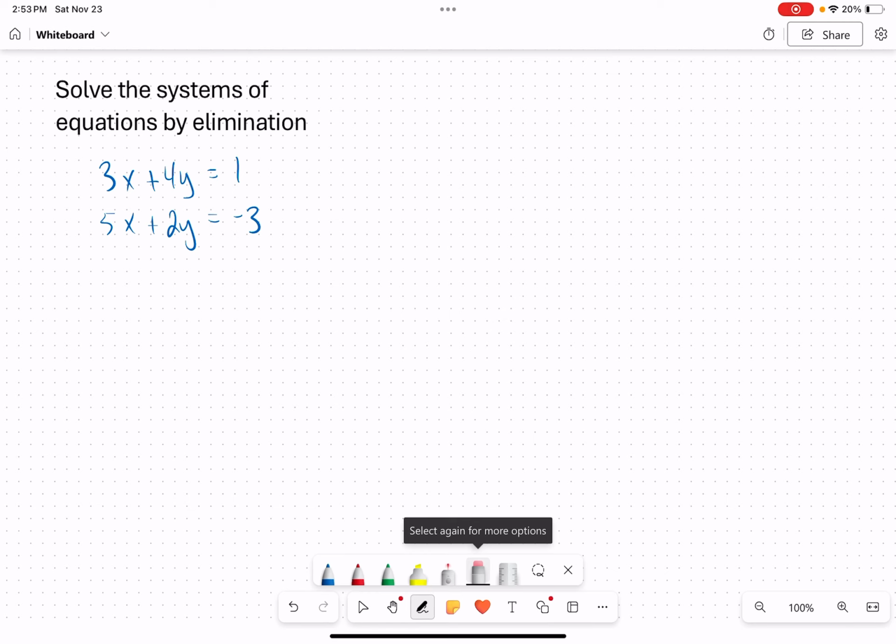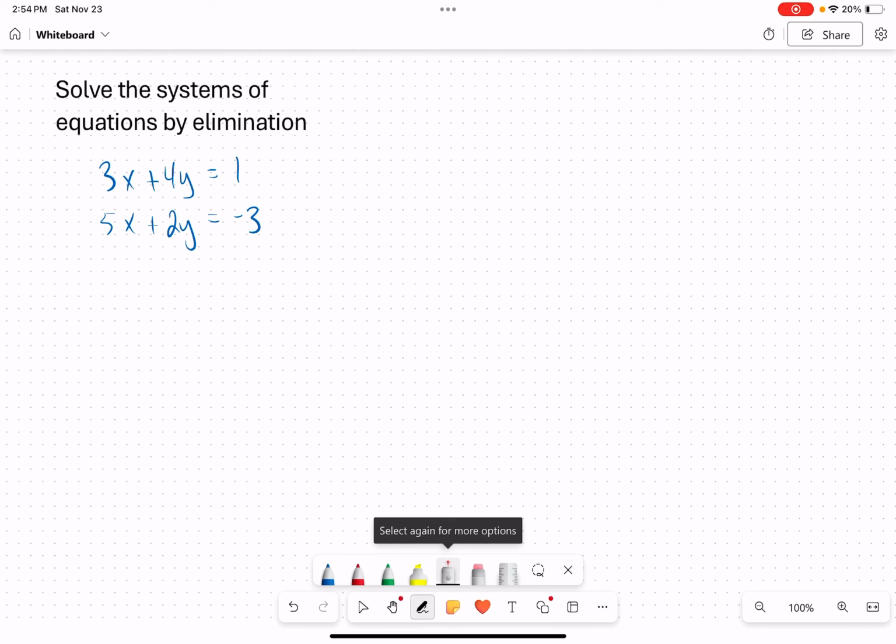Your everyday math tutor here, and in this problem, we have a system of equations, and we need to use the method of elimination to solve for the solution. So, first thing I'm going to ask myself, do the like terms have the same coefficient?